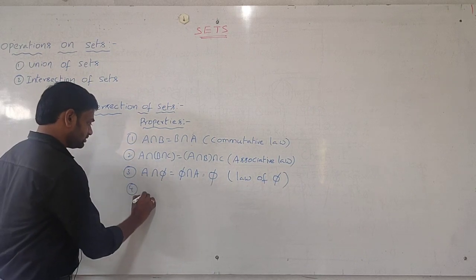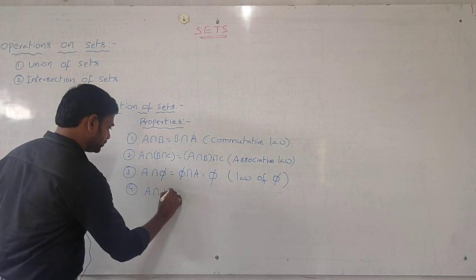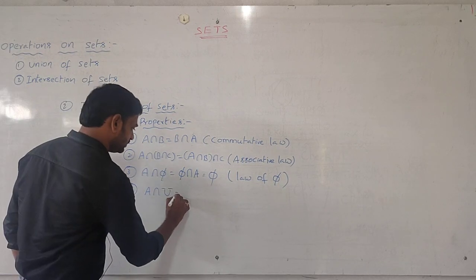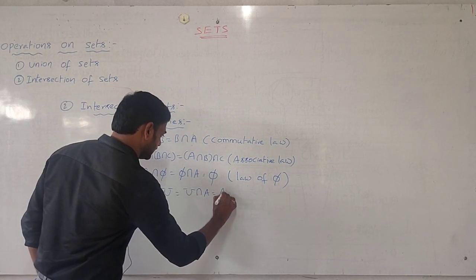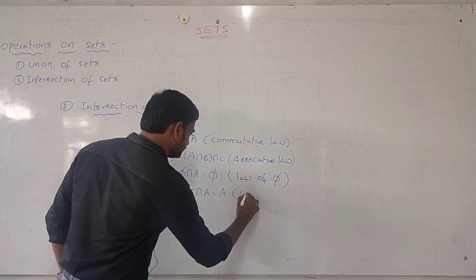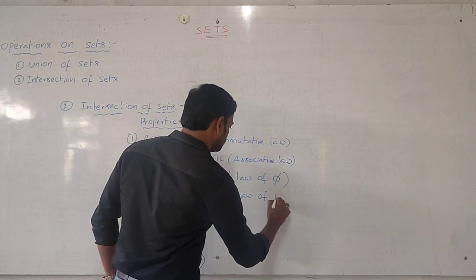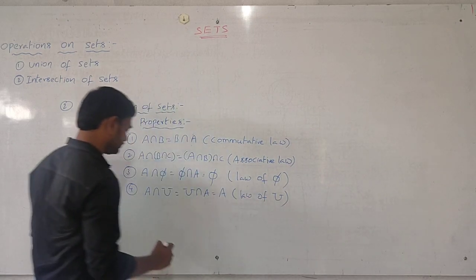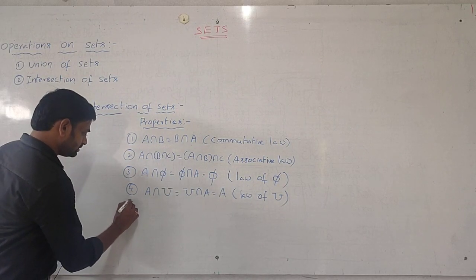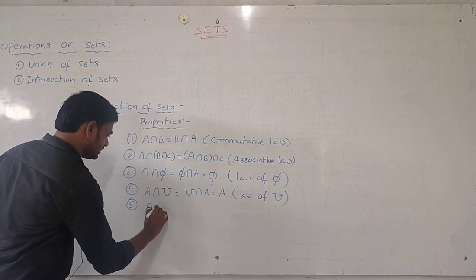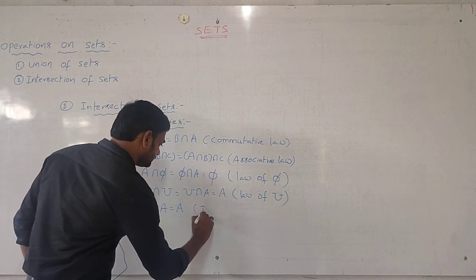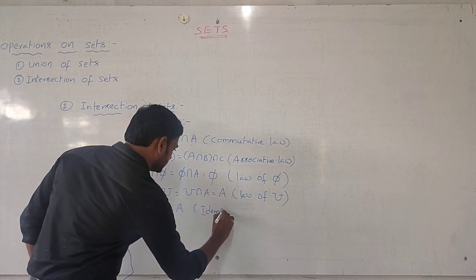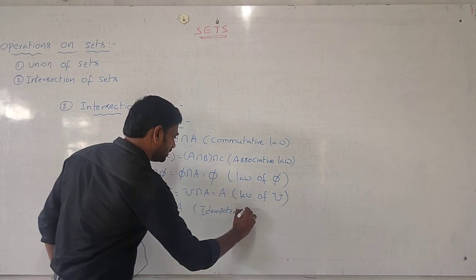Next one: A intersection U equal to U intersection A is equal to A. This is called the law of U. Next, the fifth one is A intersection A is equal to A. This is called the idempotent law.